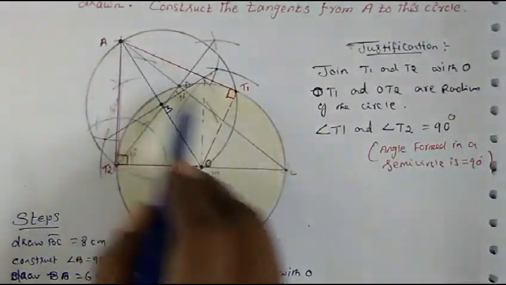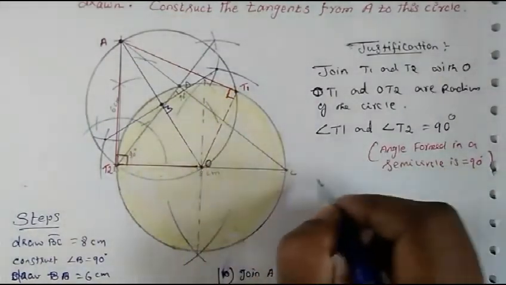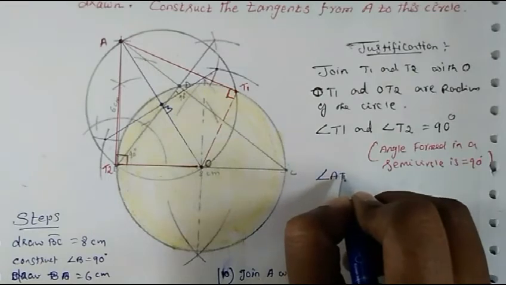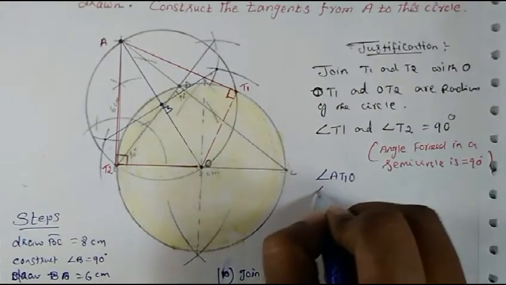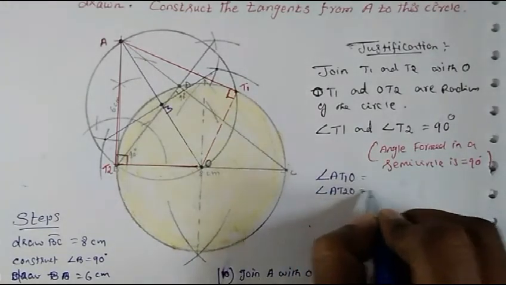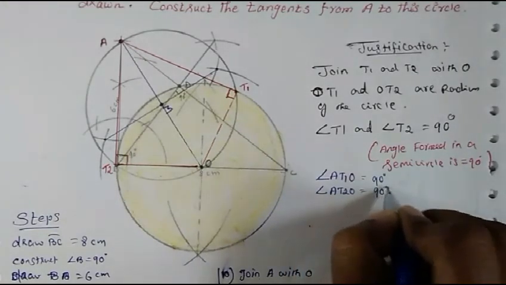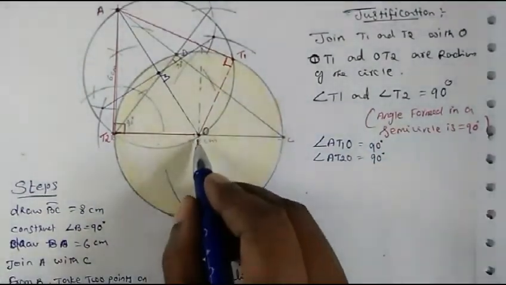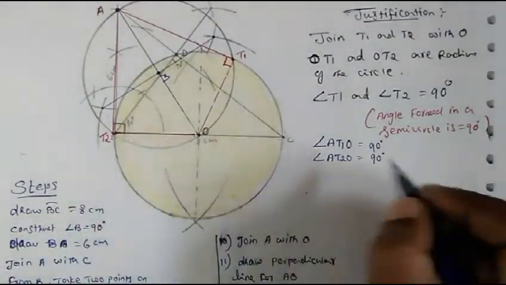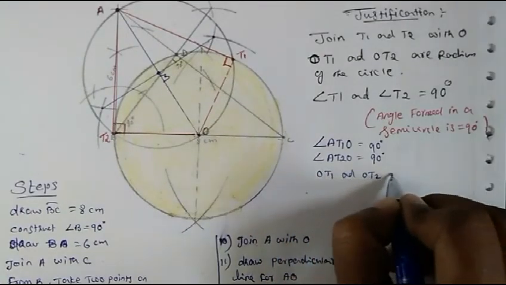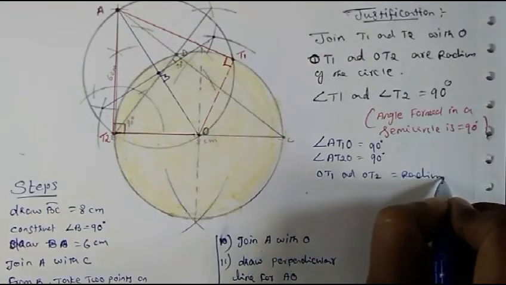So you know that angle A T1 O and angle A T2 O are 90 degree, and also we know that OT1 and OT2 are radii.